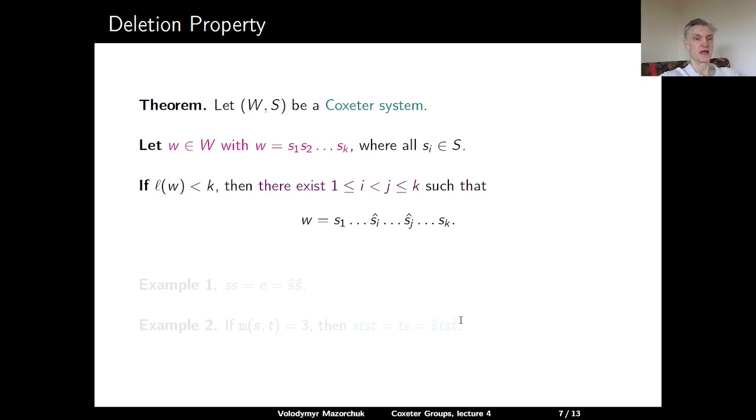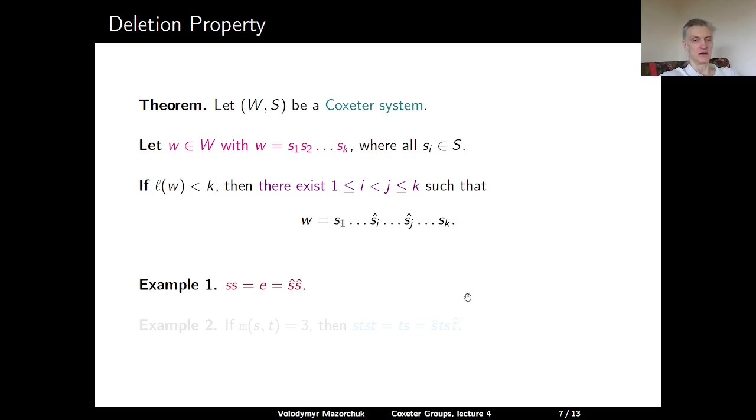The assertion: if the length of w is strictly smaller than k, then there exist indices i and j, different, between 1 and k, let's assume that i is strictly smaller than j, such that w is equal to the element which is obtained from our original expression by deleting si and sj.